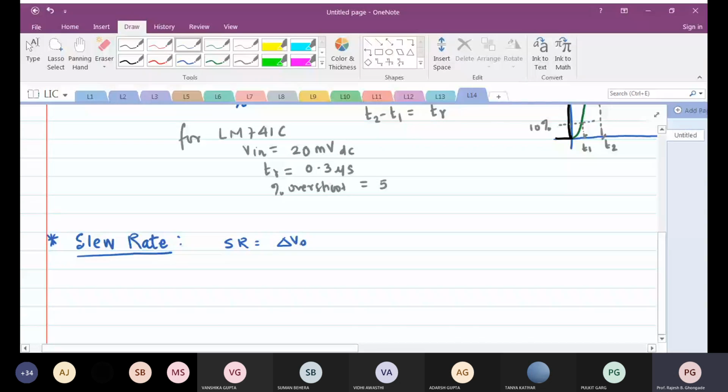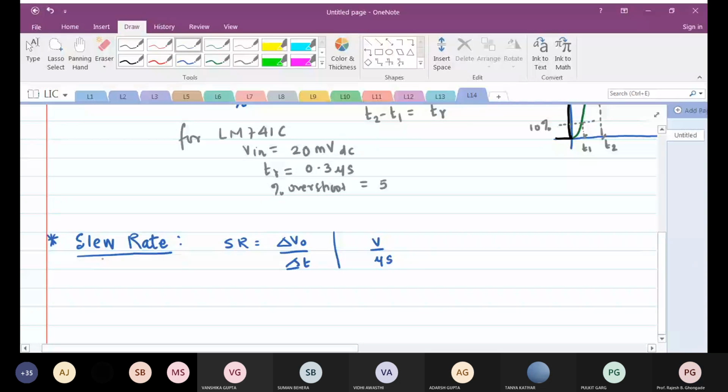Delta VO by delta T. Isn't that? How fast the output changes with respect to time. And we already know that the units are volts per microseconds.